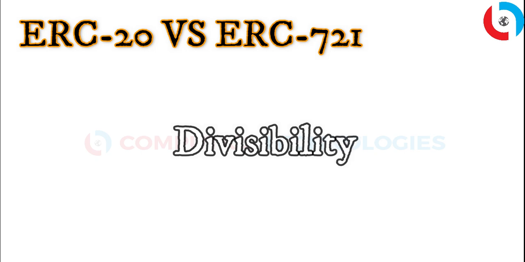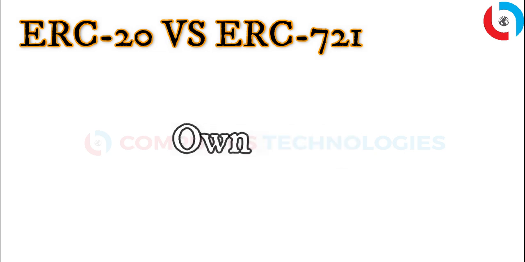ERC20 tokens are divisible and can be divided in a number of ways. Even sharing 0.1% of the token is possible. ERC721 tokens are not divisible at all. Ownership. In ERC20, no special ownership functions can be allocated. In ERC721, special ownership functions can be enabled by these tokens.